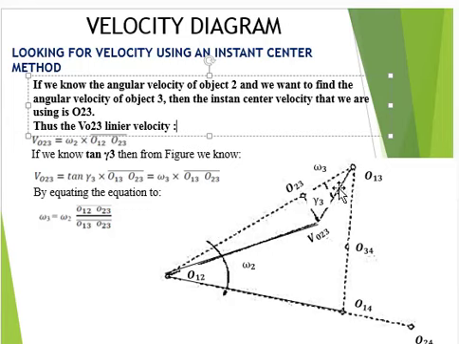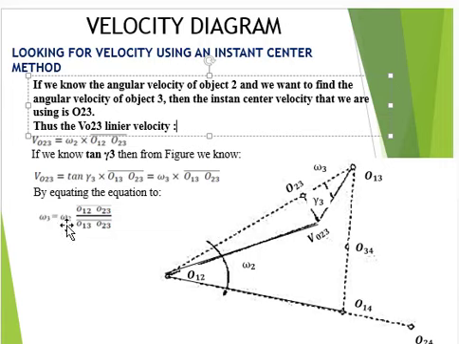This is the radius for velocity O2,3 also. By combining the two equations, we can find the angular velocity omega 3.